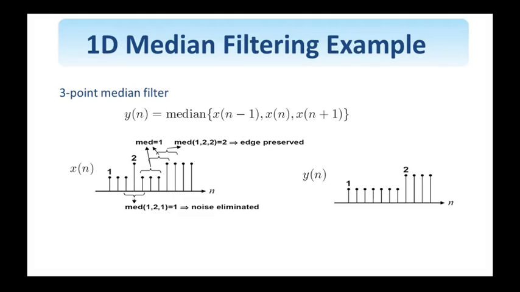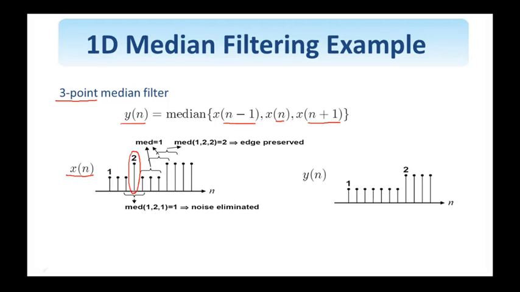Let us look at the application of a 3-point one-dimensional median filter to a simple signal. So first of all, to find the output at location n, we are considering input values at location n, n-1, and n+1. So for this simple signal here, by looking at it, we can say that this particular value is noisy. It does not fit well with the neighboring values.